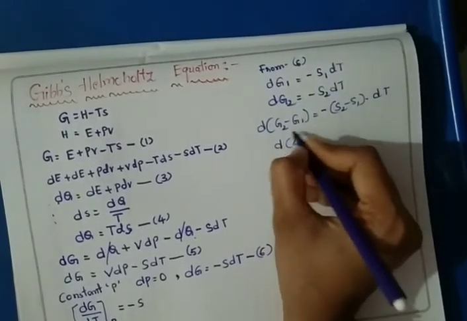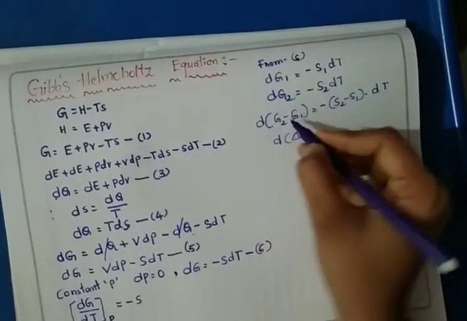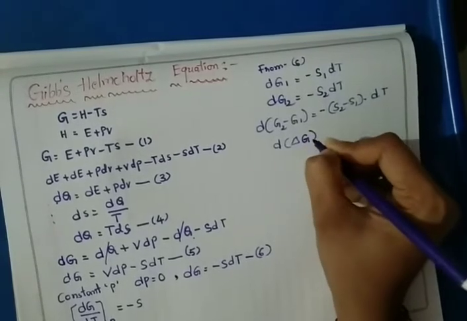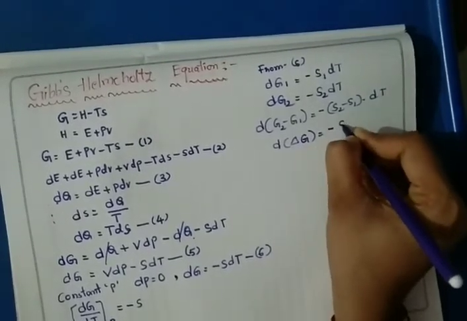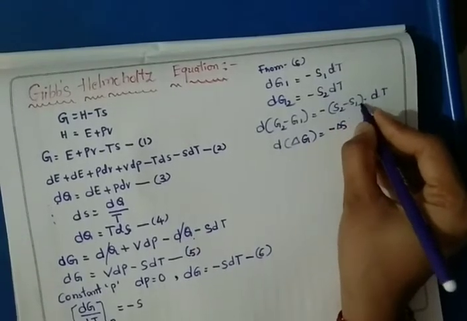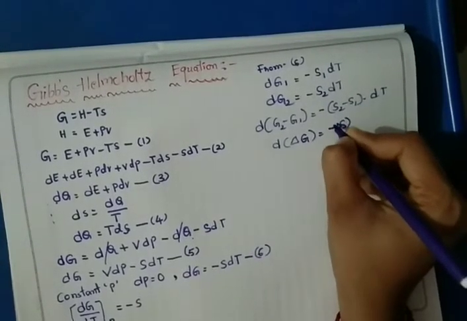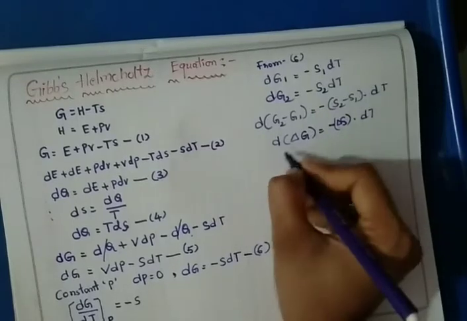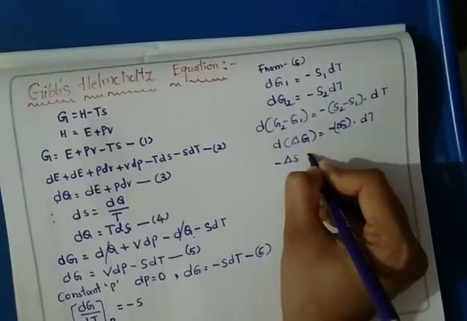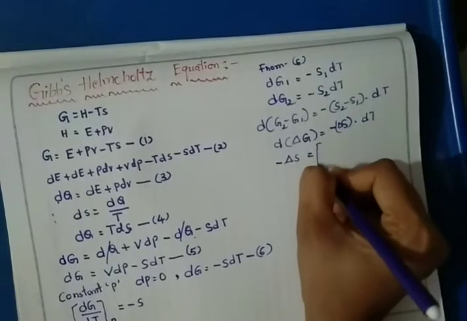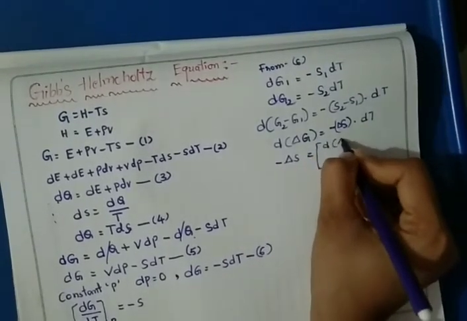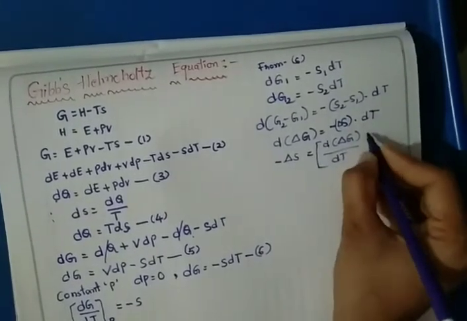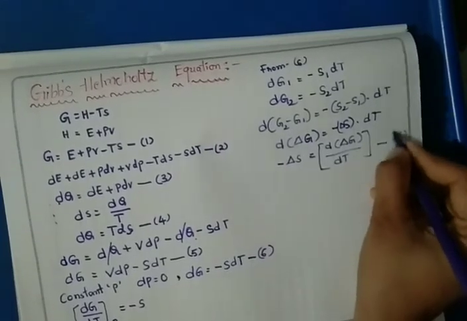So open the bracket: delta G is equal to minus delta S into dT. So minus delta S is equal to d delta G by dT, at constant P. So this is equation number 7.